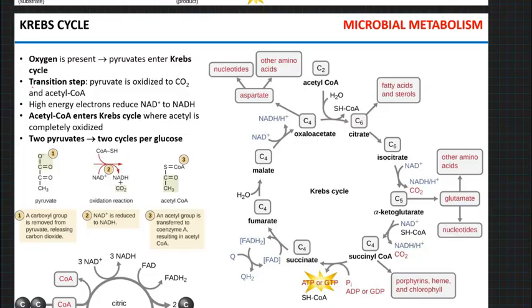So the processes that we just went through, the transition step, the Krebs cycle, in other words, like this page, for 1 molecule of glucose, we have to run it twice. Would you agree with me? Yeah, because we need to process 1 pyruvate and then another pyruvate.